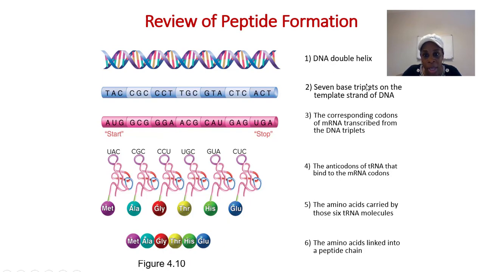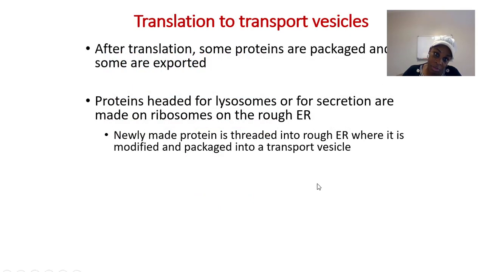So you say DNA double helix, base triplets on the template strand of DNA here, the corresponding codon of mRNA, right? So here you have the grandmother's brain, you make a recipe, you go to your kitchen, somebody's helping you to bring the recipe. You build different building blocks of the pizza. You put it together, it becomes the pizza. Okay? So translation to transport vesicle, and those are shipped out in different vesicles.